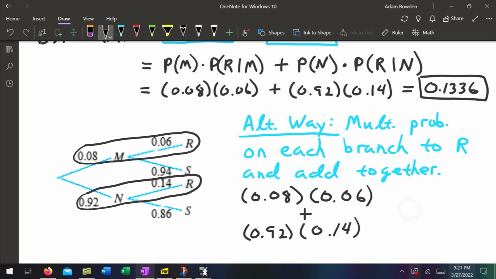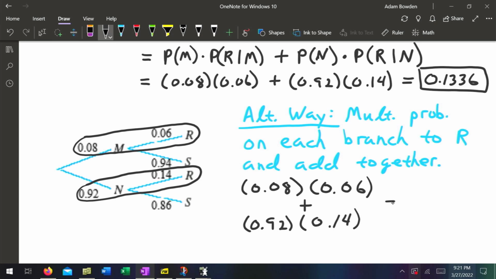Multiply those, add them with the other branch, and you come out to the same 0.1336. That's an easier way usually to remember how to get the probability of R: go along each branch separately, multiply, and then add up everything.